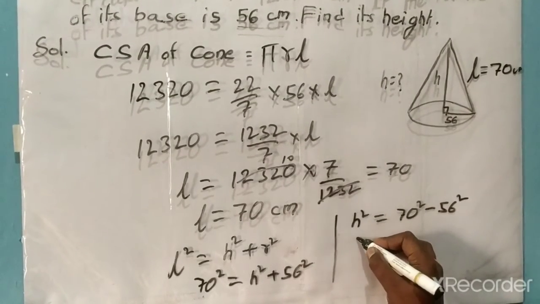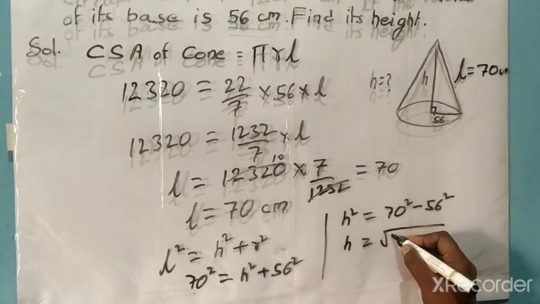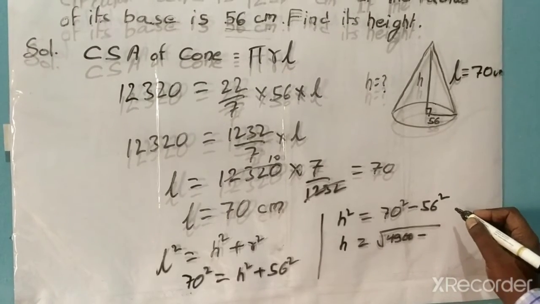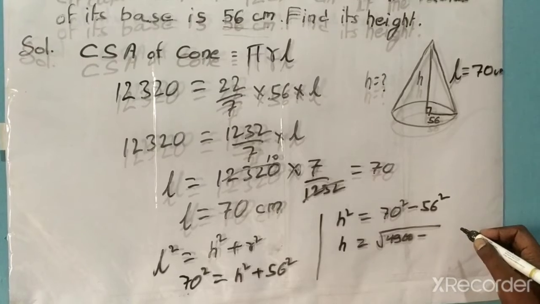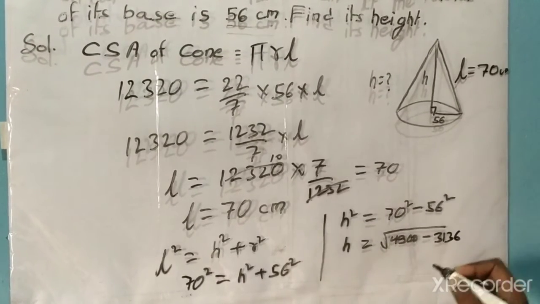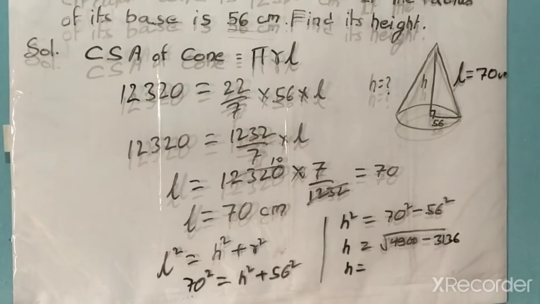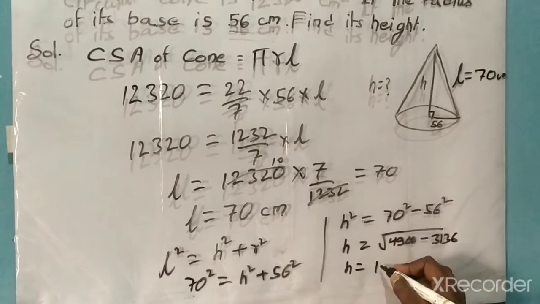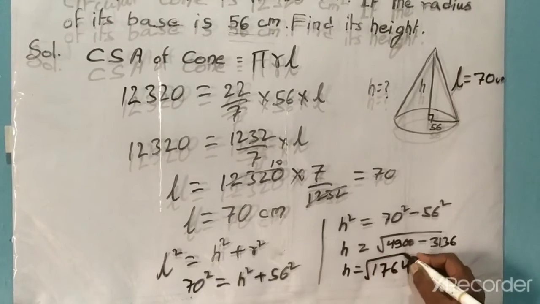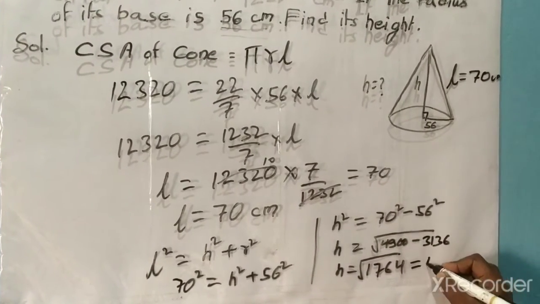Now h is equal to the square root of 4900 minus 56 into 56, which is 3136. Now h is equal to the square root of 1764. On solving this, we will find that this is equal to 42.